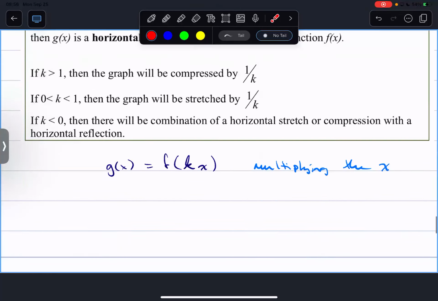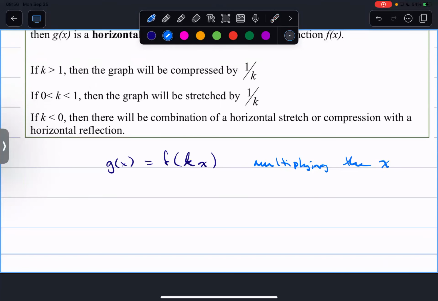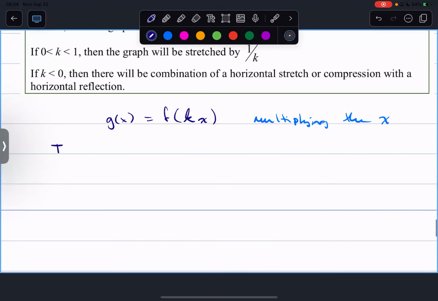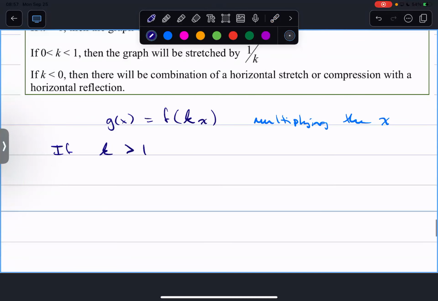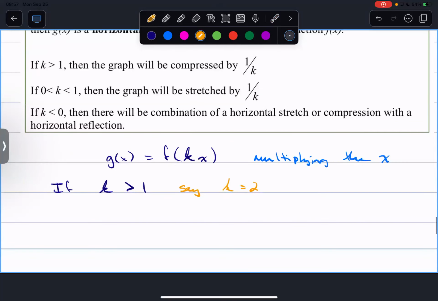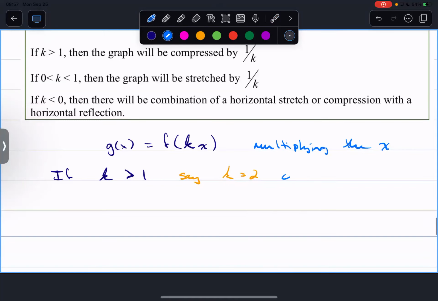And so, if k is greater than 1, say k is equal to 2, then it's compressed by 1 over 2. That one's fine.